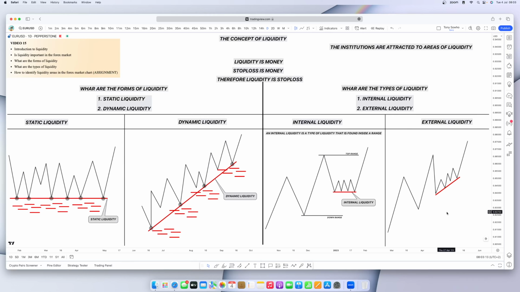So an internal liquidity is a type of liquidity that is found inside a range. See it now? But then it can also be static and it can be dynamic. That's it. So let me take this off. There's no space to draw the two. So just have that note at the back of your mind that internal liquidity can be static and internal liquidity can also be dynamic.